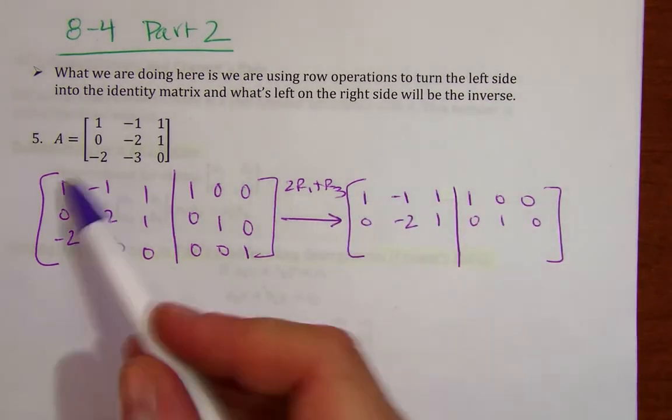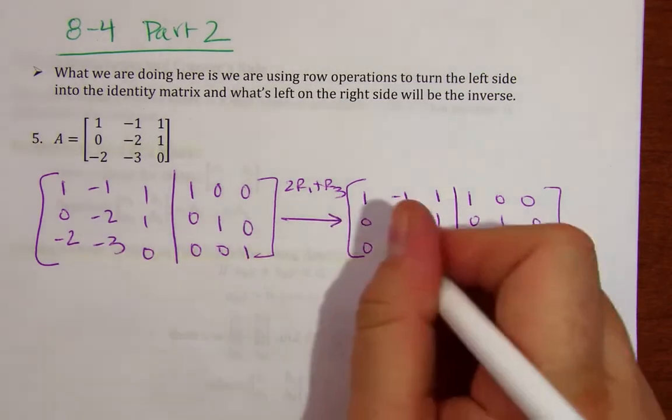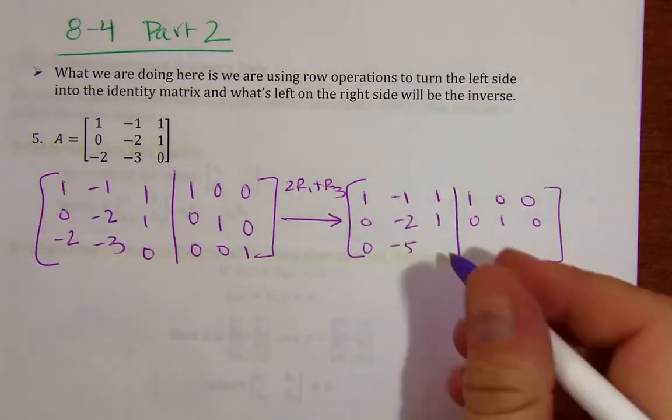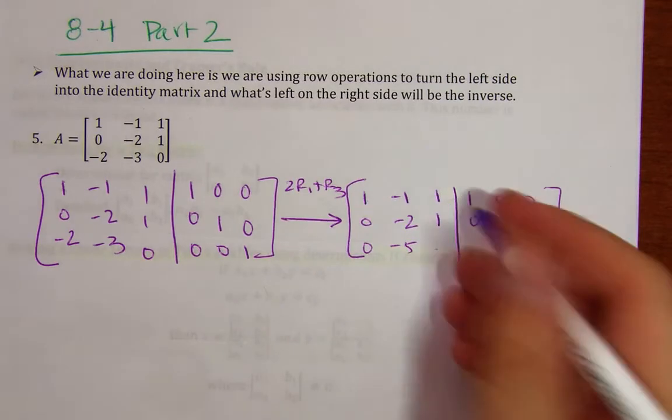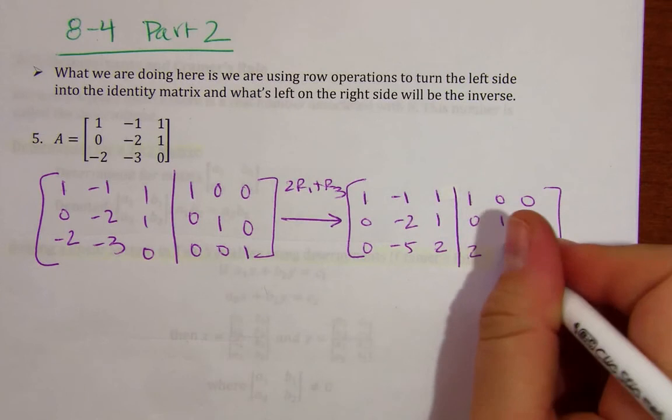And so 2 times 1 is 2 plus -2 is 0. 2, and then it's going to be -5. And then 2 times 1, and that'll become a 2. And then this will become a 2, and 0, and 1.